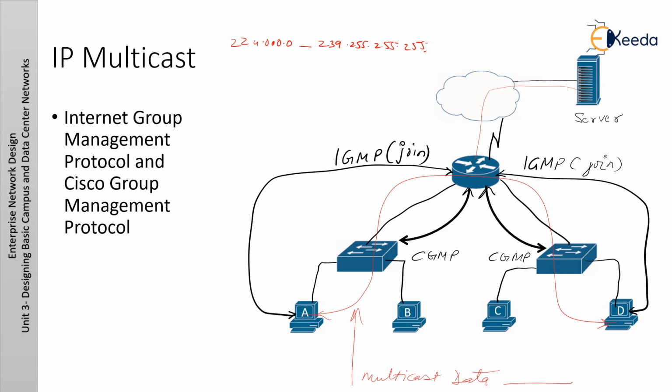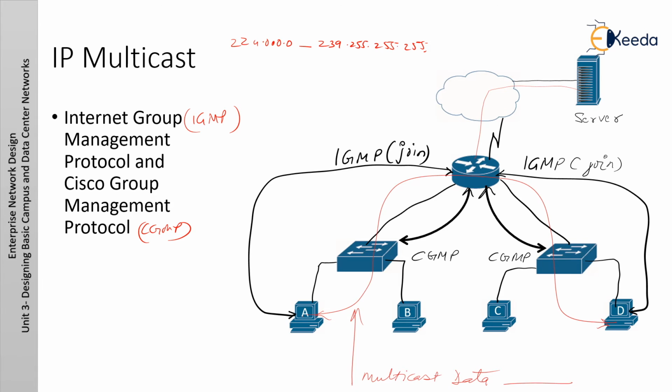First of all, I'm going to describe IGMP and Cisco Group Management Protocol, CGMP. So how is this going to work? IGMP, or Internet Group Management Protocol, is used between hosts and their local routers.